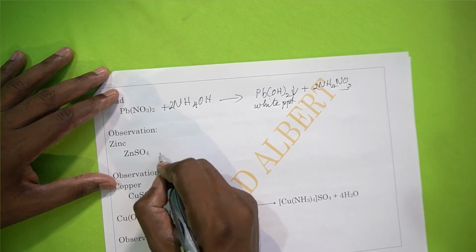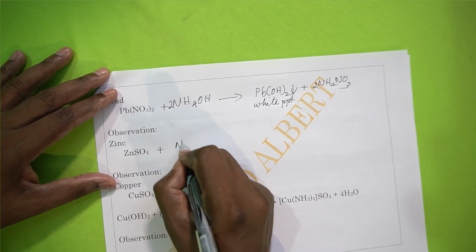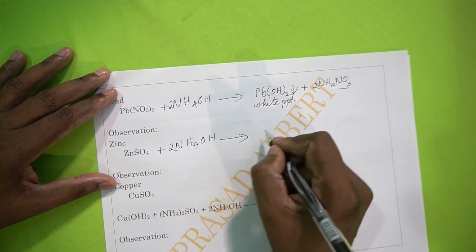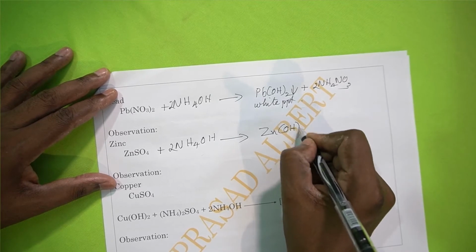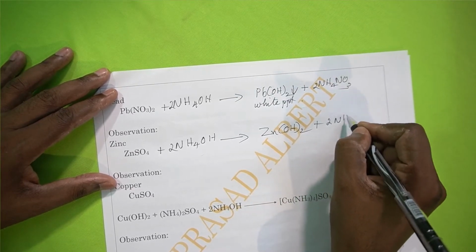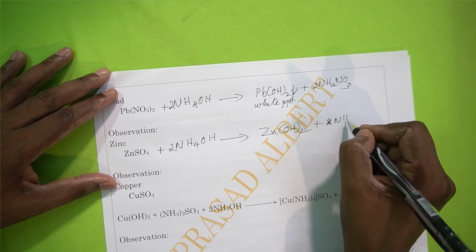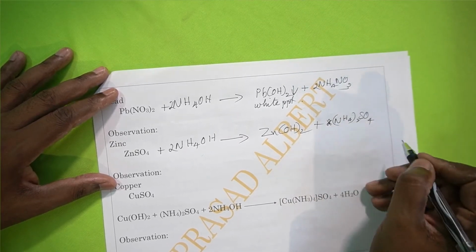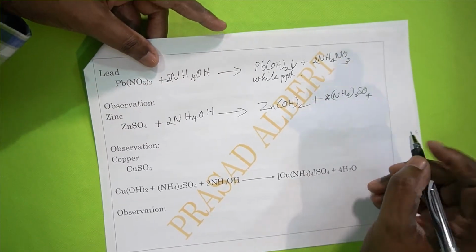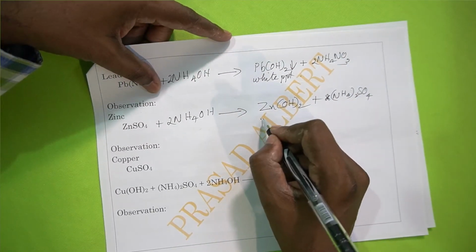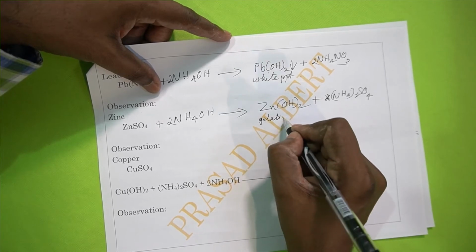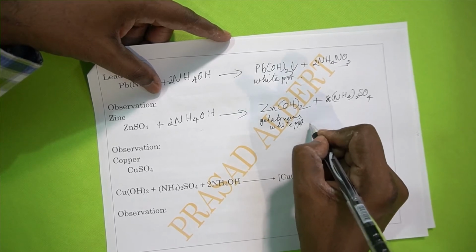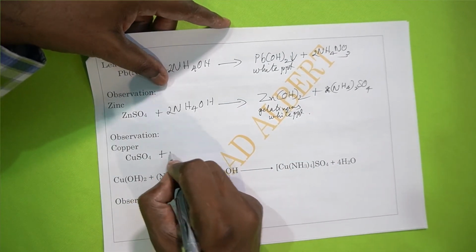Then if you take zinc sulfate and ammonium hydroxide, you will need 2 of this, you will get zinc hydroxide, and you get (NH4)2SO4, ammonium sulfate, produced here. You find this is again a white, gelatinous white precipitate.